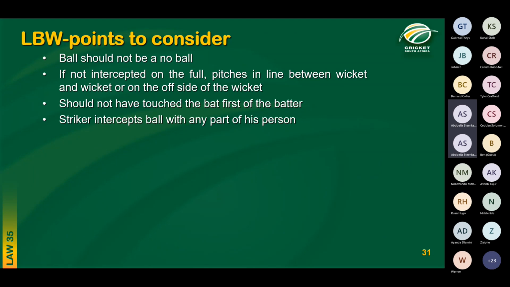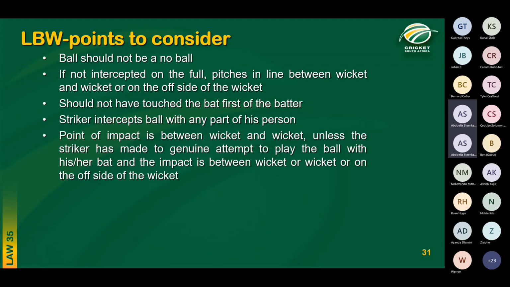The ball needs to be intercepted with any part of the person. Yes, I know it's LBW, which states leg before wicket, but the law guides us. It can be intercepted with any part of the person. So whether it's the pad, whether it's the arm, whether it's the shoulder, any part of the person, you can consider the LBW appeal.